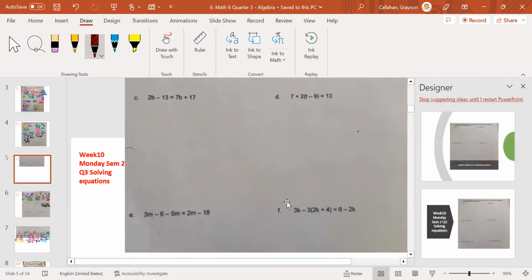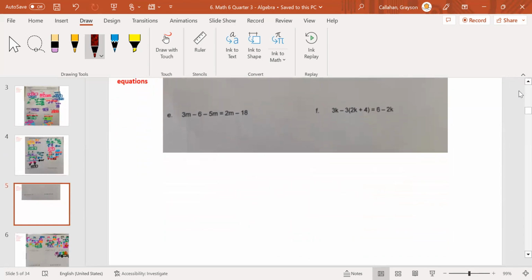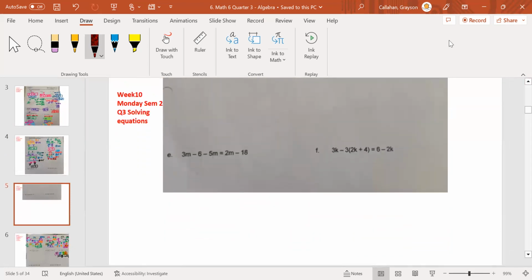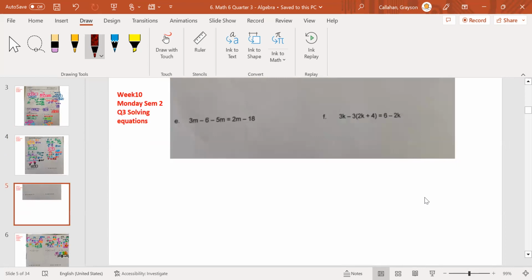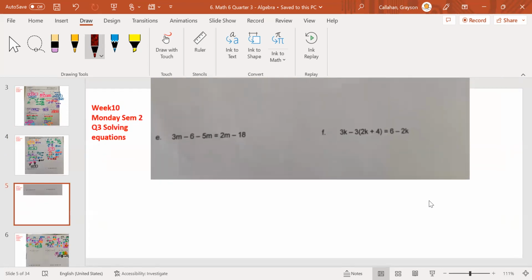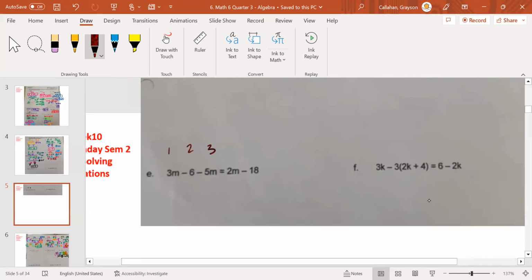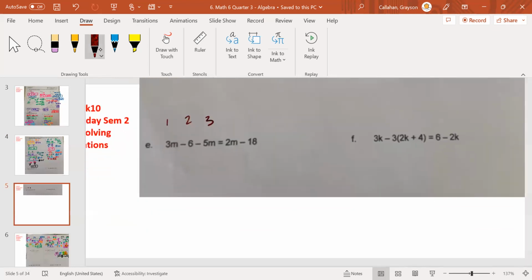Okay, so for E. This one's kind of a difficult one, right? Because do you see how it's very busy on the left side? There's like 3 terms. You see 1, 2, 3. Whenever there's 3 terms on the left side, I know that I probably have to combine something. So what are you gonna combine? So step number 1, combine like terms on the left side.